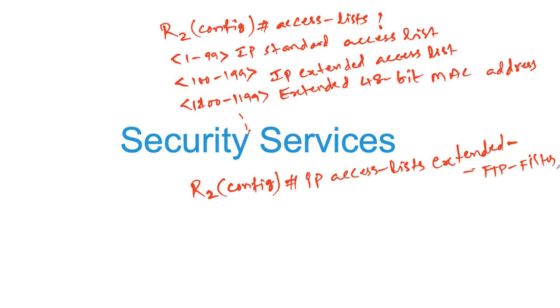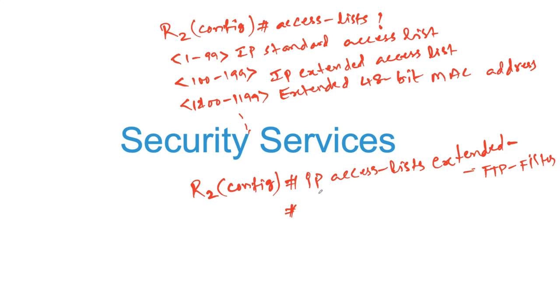When you give this command, it will only permit the TCP connection. When you configure this, you are asked what action, as a network administrator, you would like to take for this extended access list.